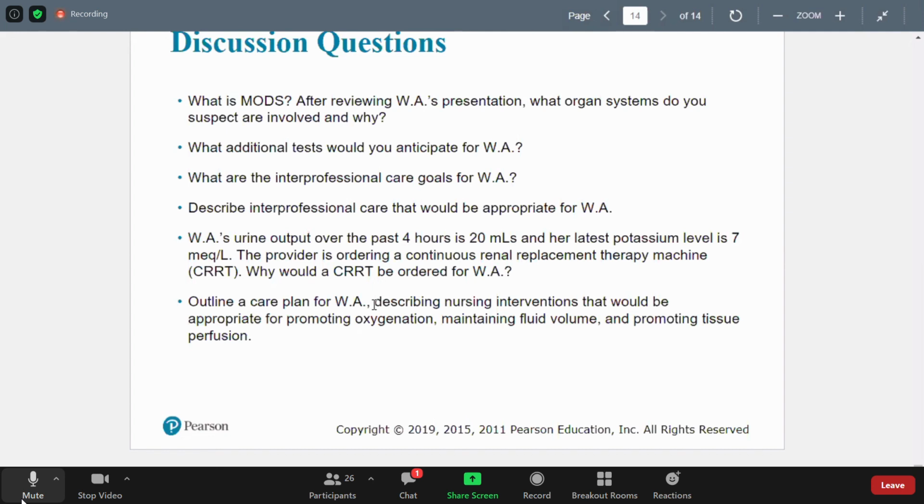If the PEEP is increased, she is more at risk for what? Decreased cardiac output. The collapse of the lung. Yes. Volutrauma. Barotrauma. Yeah.